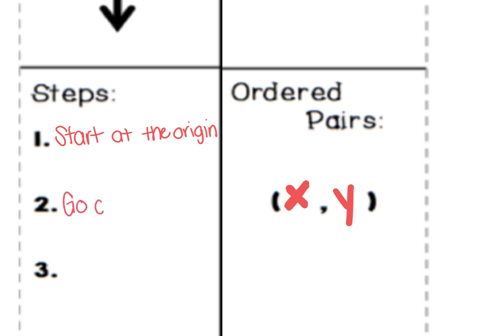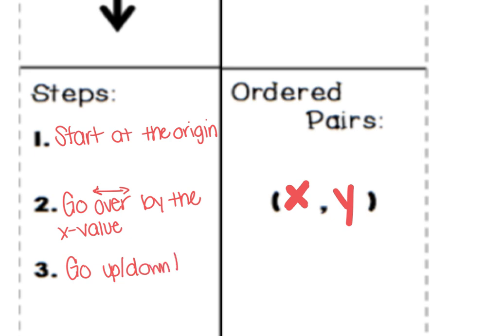Step 2, we are going to go over, and if you want to draw the arrows for the visual, by the x value. So whatever our x value is, we're going to go over side to side. And then step 3, we're going to go up or down by the y value. Give you a second to catch up on that.